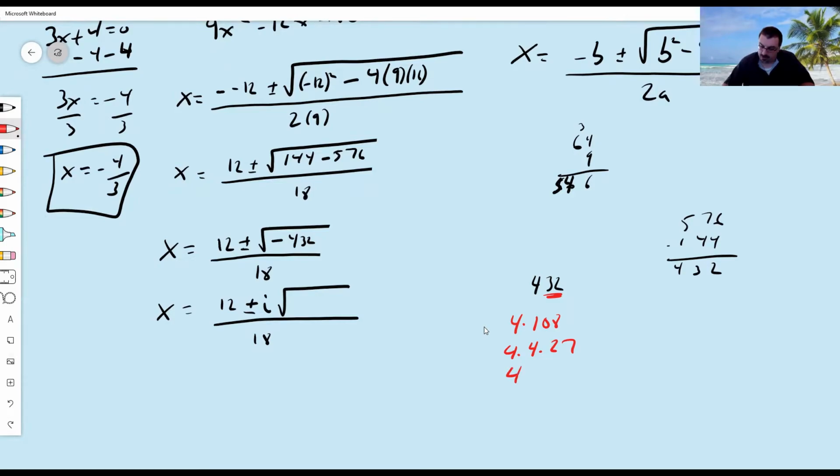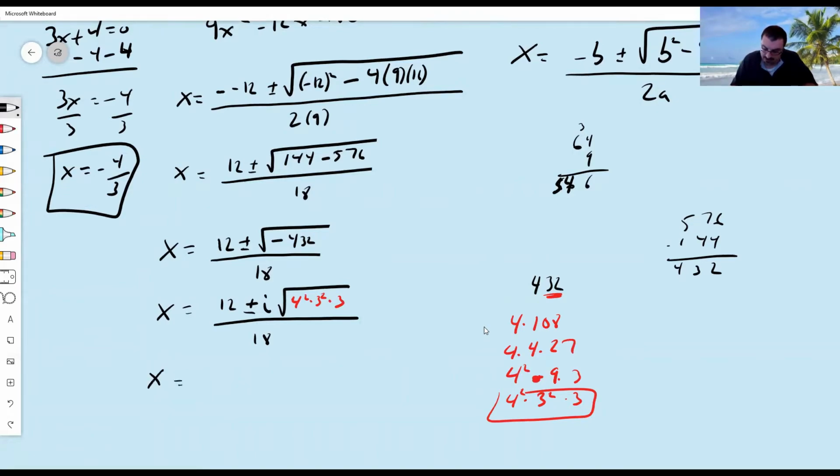So that's going to be 4 squared times 9 times 3. So that's how it's going to break down: 4 squared times 3 squared times 3.